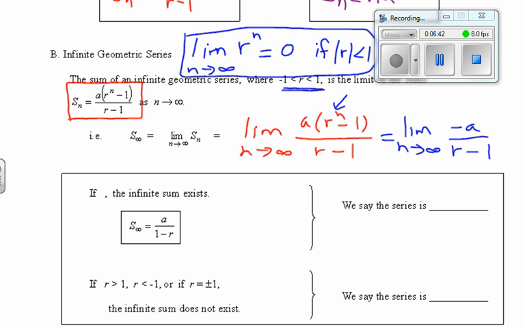We can rewrite that, of course, as limit as n approaches infinity of +a over 1 minus r. Simply multiply the top and bottom by -1. Okay, there's no n's left in that fraction. So therefore, the limit itself will go to a over 1 minus r, like that.